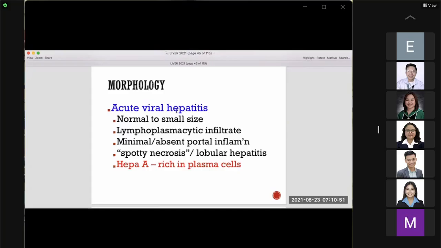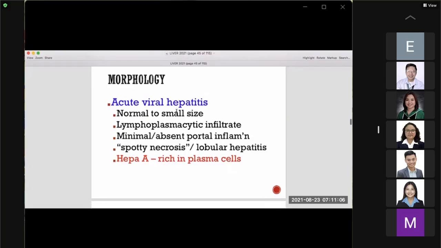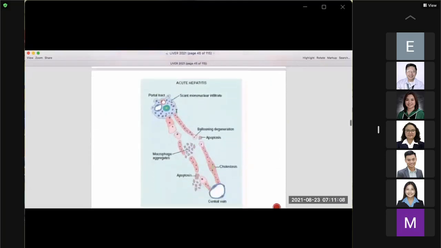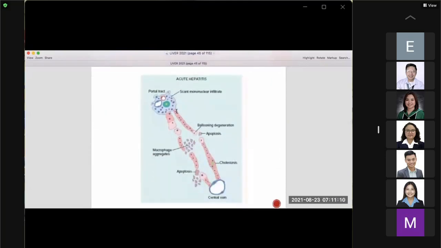So for us pathologists, if we look at the liver biopsy microscopically, then we get to see a lot of plasma cells. That would give us an idea that most probably the patient is having hepatitis A infection. Okay, so this is a schematic diagram showing us the different features of acute hepatitis. There is scant mononuclear infiltration in the portal tract.